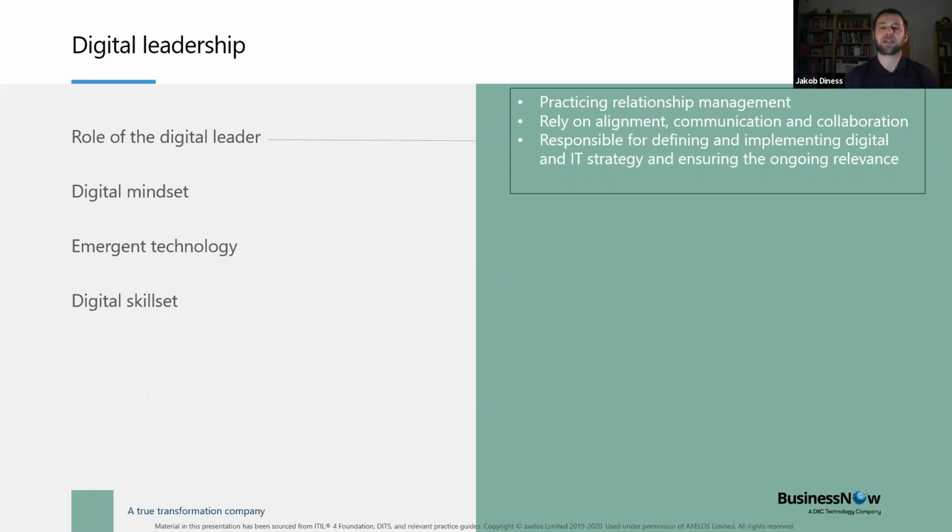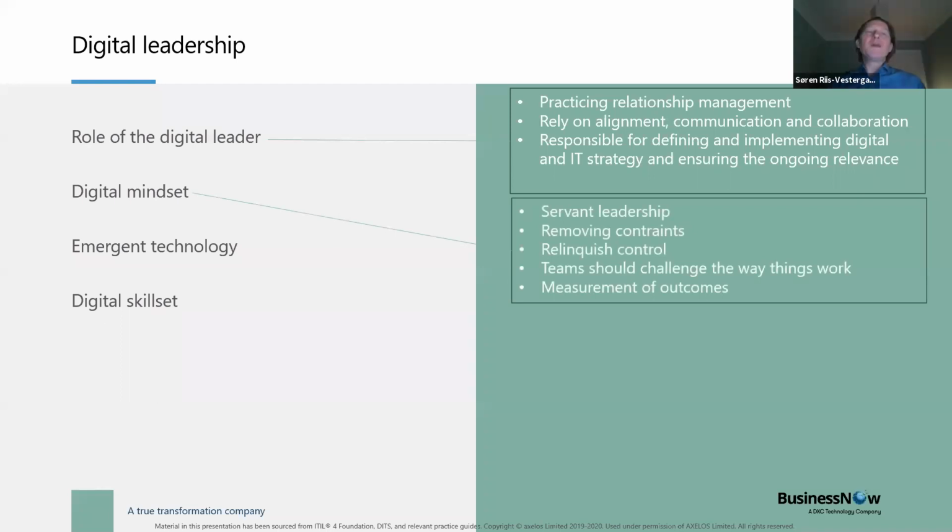And I always have said, if nobody else is having that role, it's the CTO or the COO. So practicing relationship management relies on alignment between the IT and the rest of the business, and being responsible for both the digital and IT strategy. And as Søren said, ensuring the ongoing relevance, meaning looping around in the strategy journey.